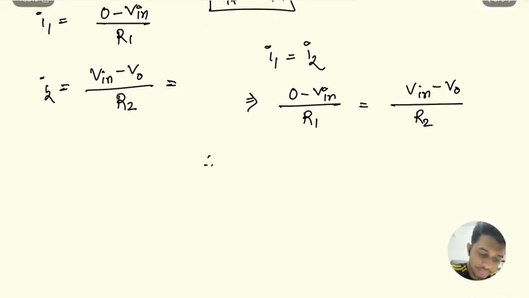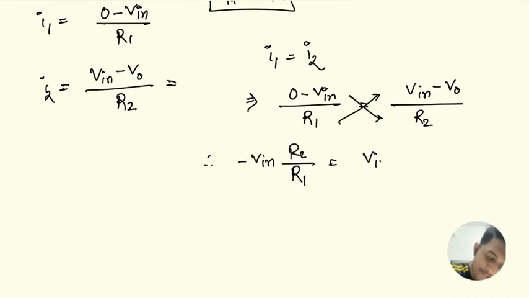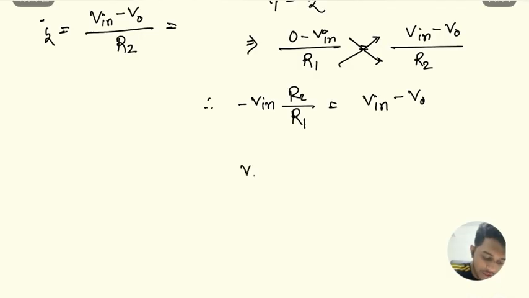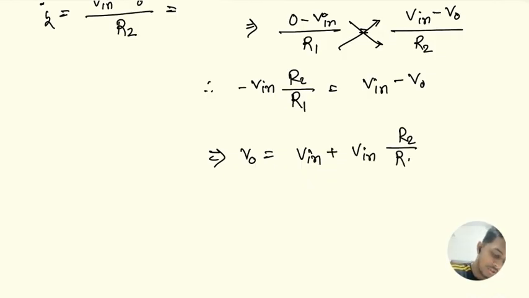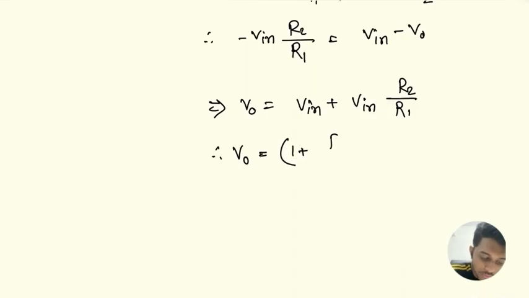If we calculate it, we get that V naught or V output is equal to V in plus V in R2 by R1. So ultimately V naught is equal to 1 plus R2 by R1 into V input.